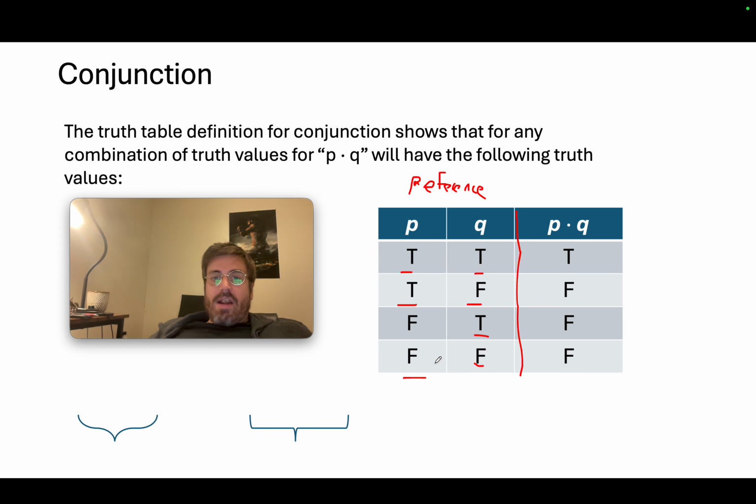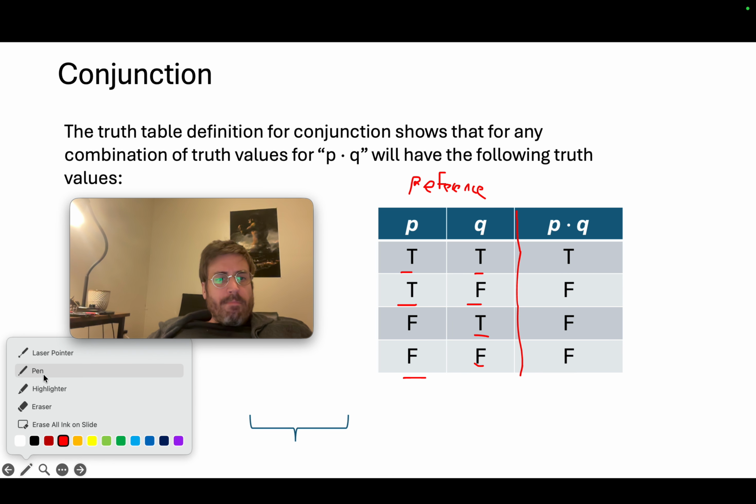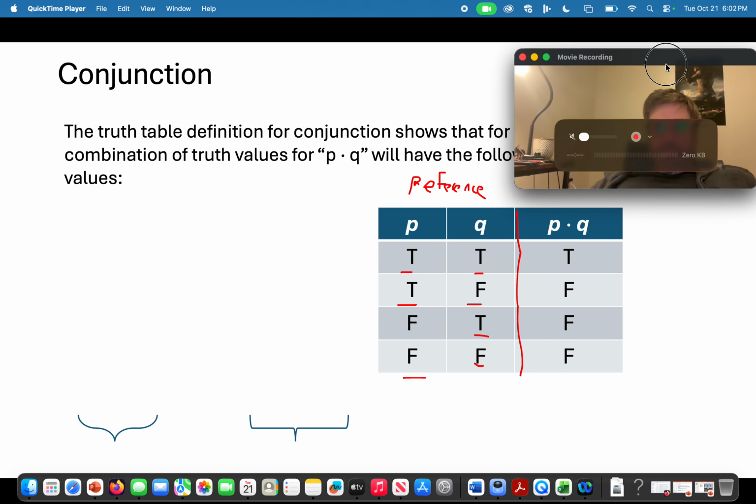So this accounts for every possible combination of the truth values for two variables, P and Q. And then we bring them together in our truth table with the dot symbolizing the conjunction and. Okay, so how do we notate the truth function for dot?